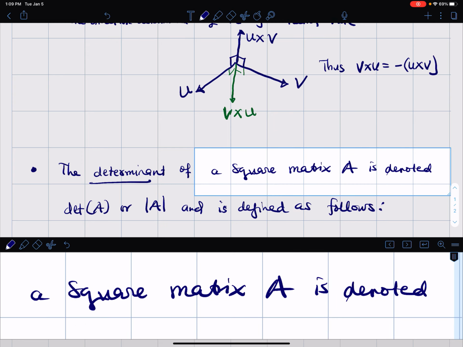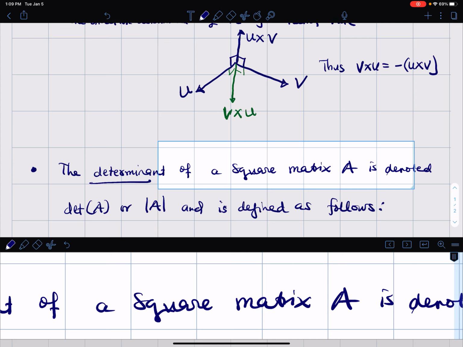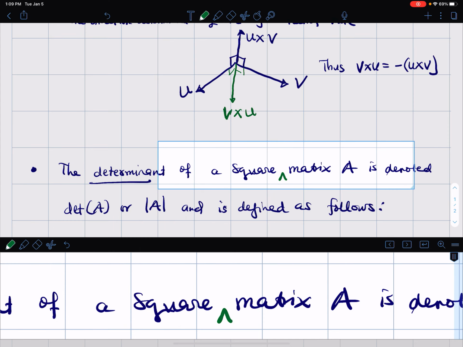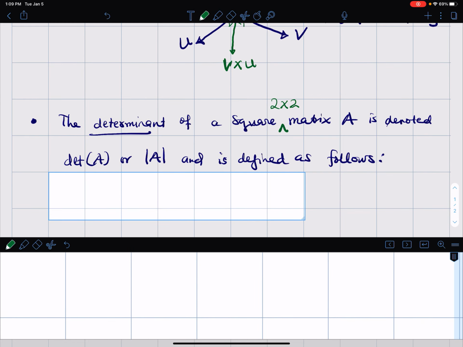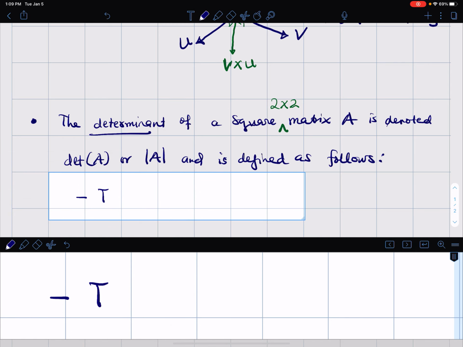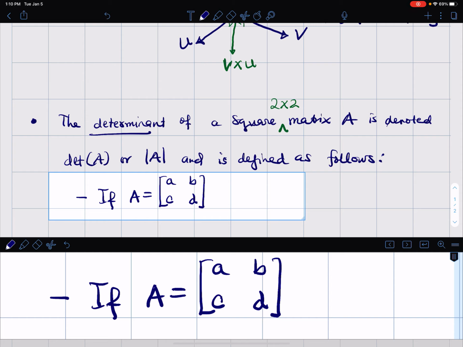Let's say a square 2 by 2 matrix, and I'll explain what I mean. Assume A is equal to the matrix with entries a, b, c, d. This is what a matrix is. In fact, this is a 2 by 2 matrix, where a, b, c, d are numbers, scalars.